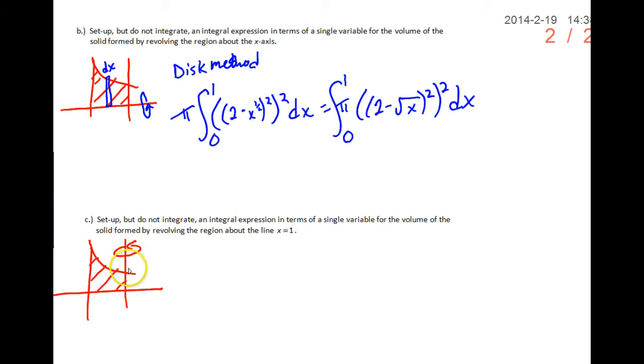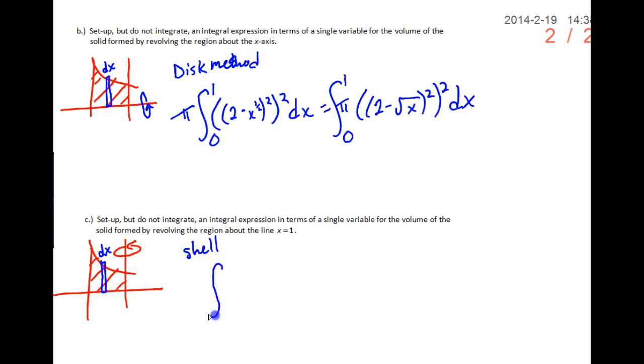Now, x equals 1 is a border of the region, but because I had been using a dx, and I'm going to continue to use a dx, I am using a line that is parallel to the dx, and so now I'm going to use the shell method to find this volume. So I don't really care that the region is being bordered by the axis of rotation.